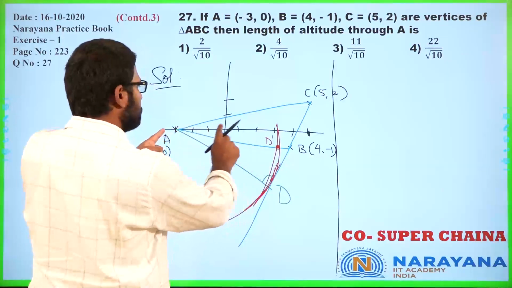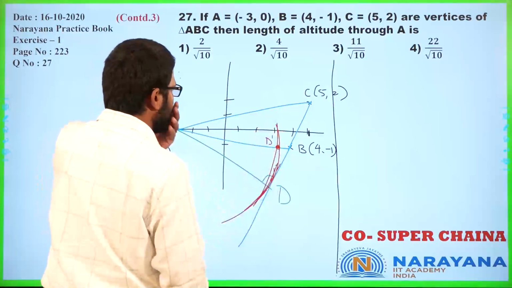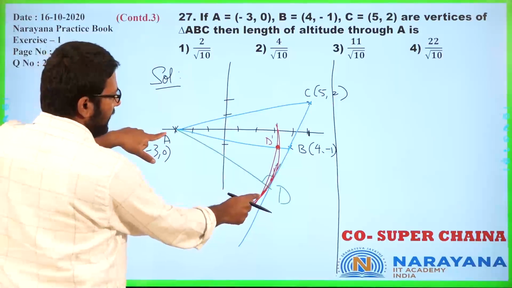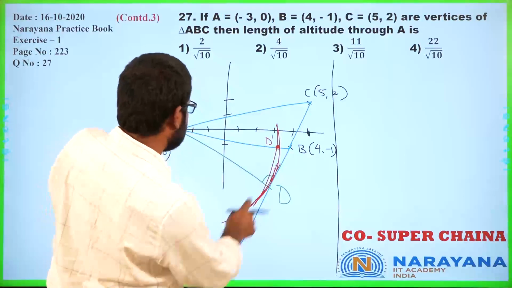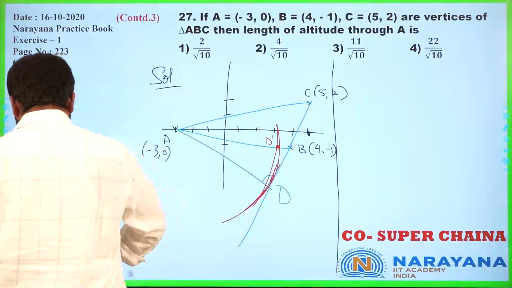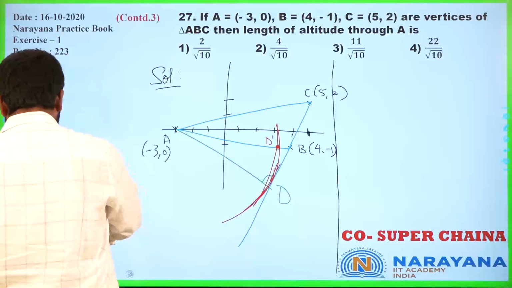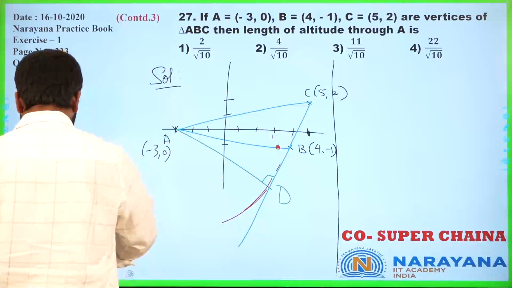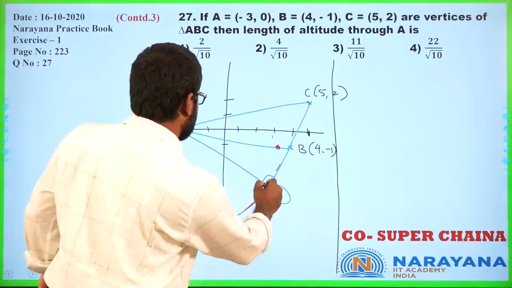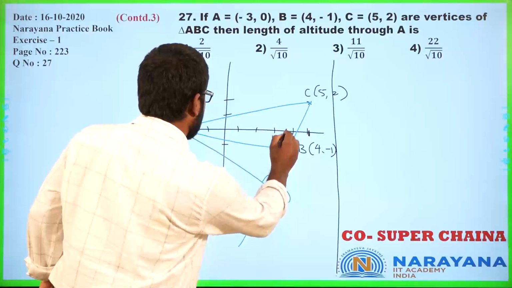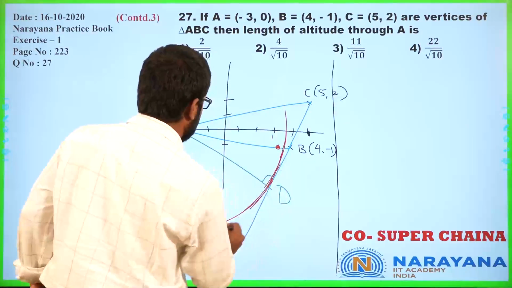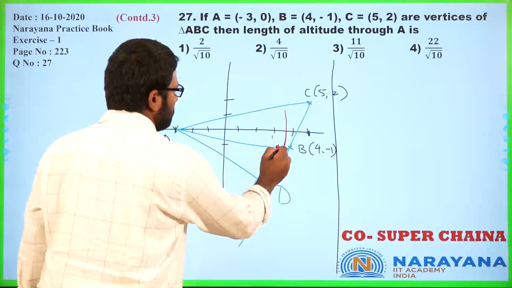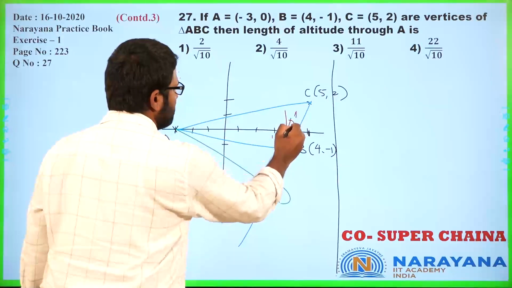If you just extend it a little bit, this circle seems to have curved a little more here. So be careful with how you're drawing everything. Something like that would be better, right? So this is D dash, call this D double dash.